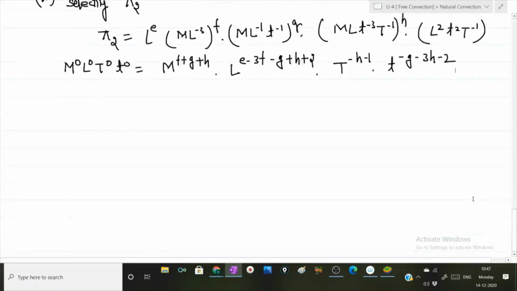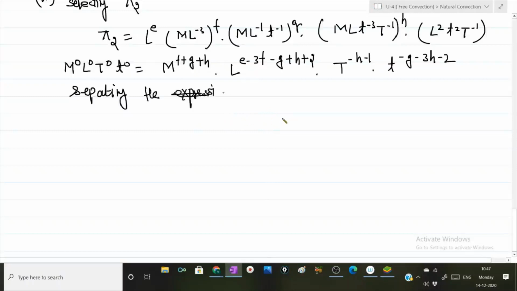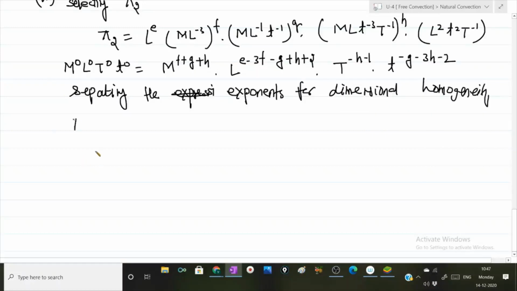Okay. Now once again, separating these exponents for dimensional homogeneity, for mass it can be represented as 0 is equal to f plus g plus h.